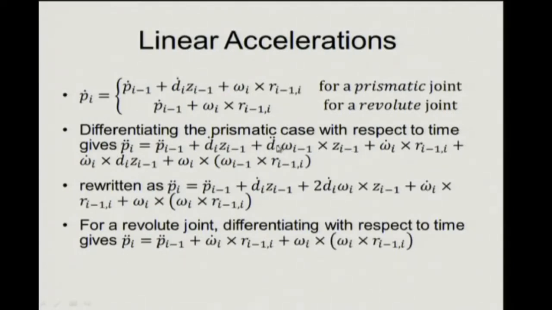So, this double dot will be a single dot. Similarly here, omega I dot cross with this term, and then I have to take the derivative of this. To do that I have to add these additional terms. This can finally be rewritten in this form, with which you are more familiar: 2 d I dot omega I cross z I minus 1, the 2 omega cross v rel term, and omega cross r I plus omega cross r I minus 1 I.